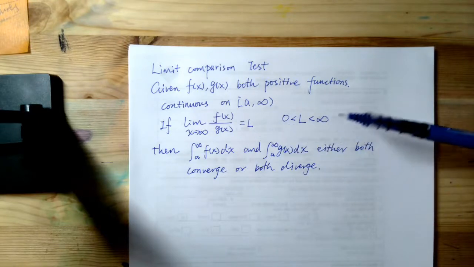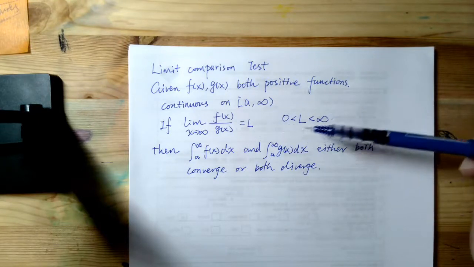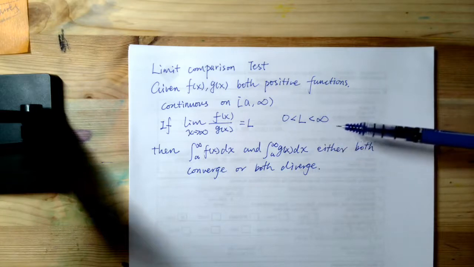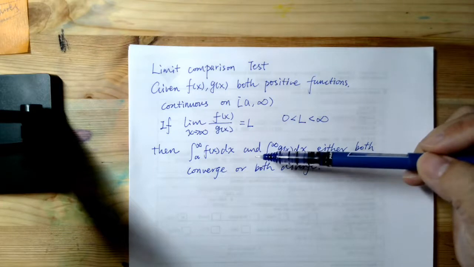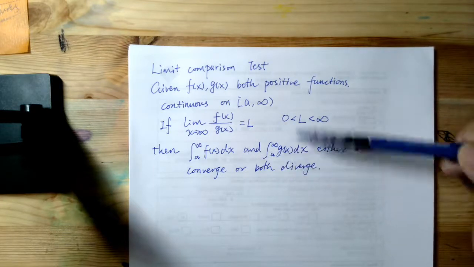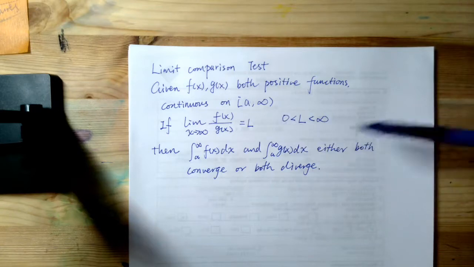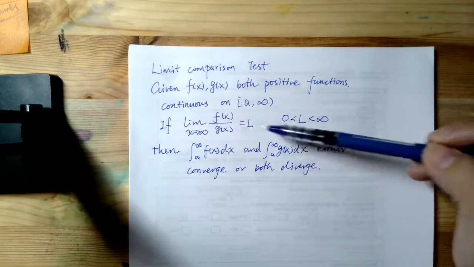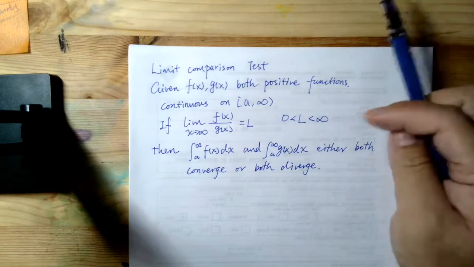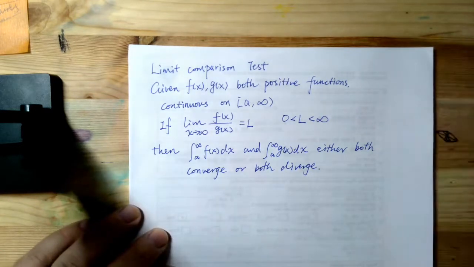Not very accurate, but you can think in that way to help you understand. So if one of them converges, then the other one, since it's loosely speaking proportional, must also converge. And same thing, if one diverges, the other one also diverges.